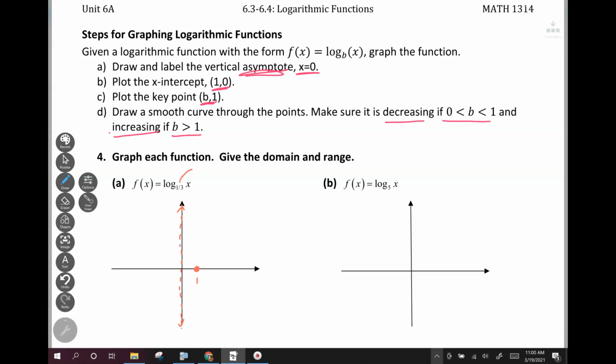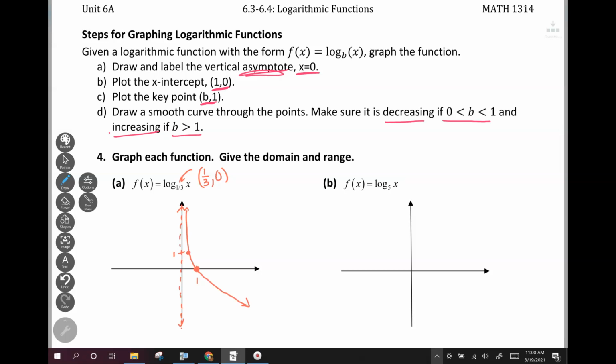Well, our b in this case is 1/3, so that point is going to be (1/3, 1). So 1/3, somewhere closer to 0 than 1, and the y value is 1. So another point right there. All right, now I can draw my curve through those 2 points, approach that asymptote, and there you go.